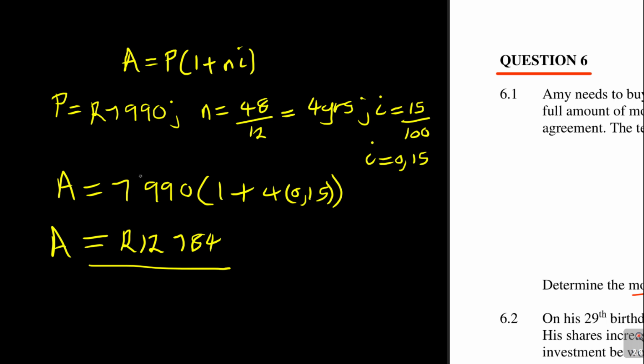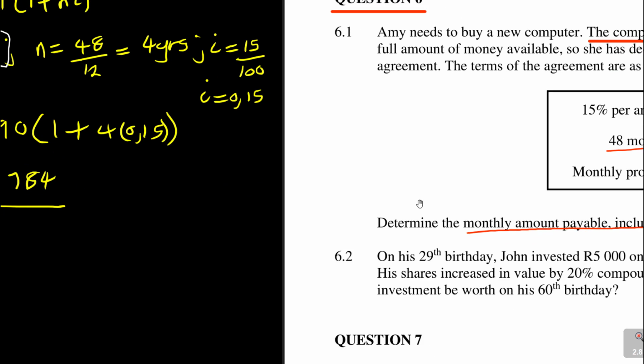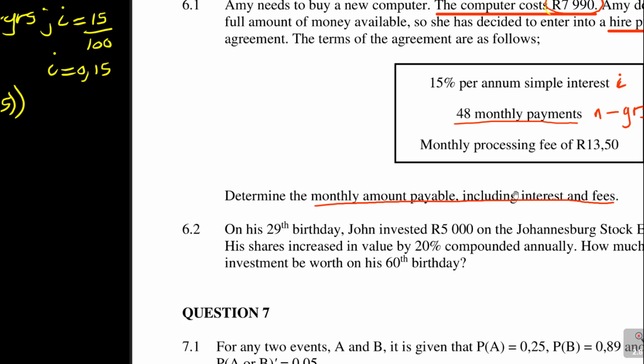So guys, this 7,990 here, after how many years? After 4 years, the person who lent you the money expects you to give 12,784, which is fair. But now they are saying determine the monthly payment you're going to pay.